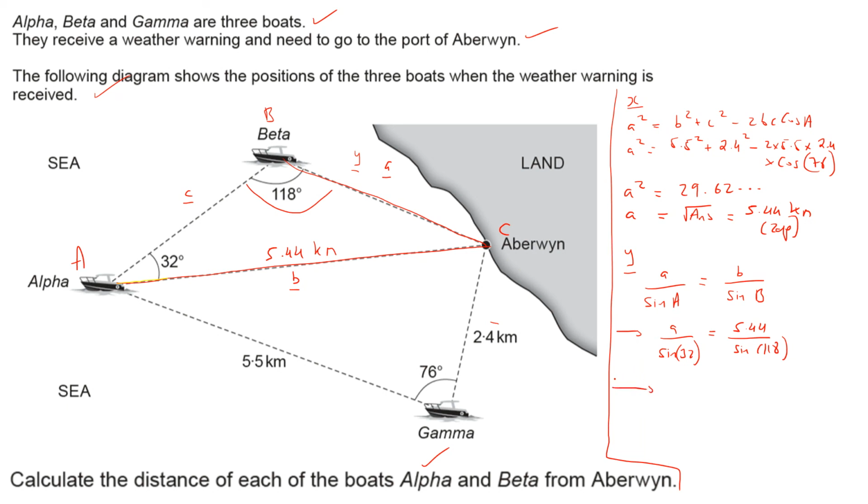To get rid of the sine 32, just multiply by it. So A is 5.44 over sine 118 multiplied by sine 32.